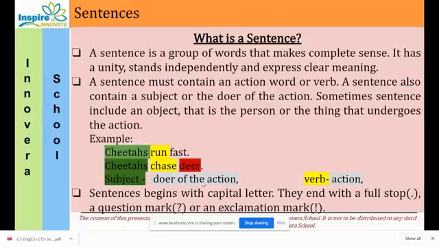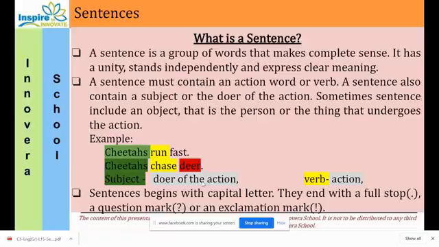Apart from that, most of the time you will find the sentence ends with a full stop. It always starts with a capital letter, but ends sometimes with a full stop, sometimes with a question mark, or sometimes with an exclamation mark. Now why such things happen, that is more important.